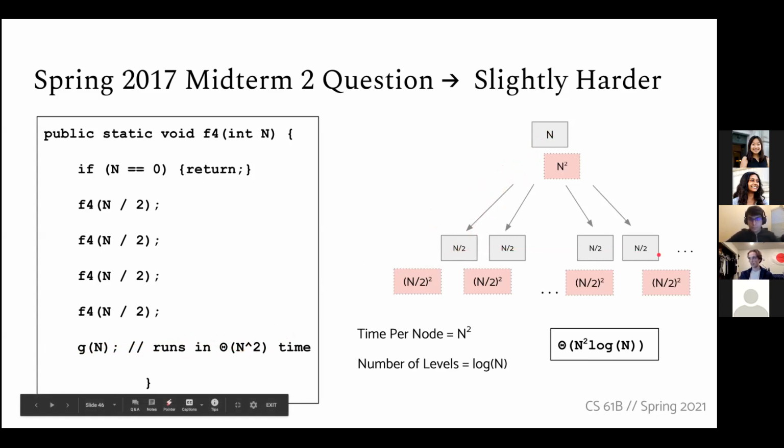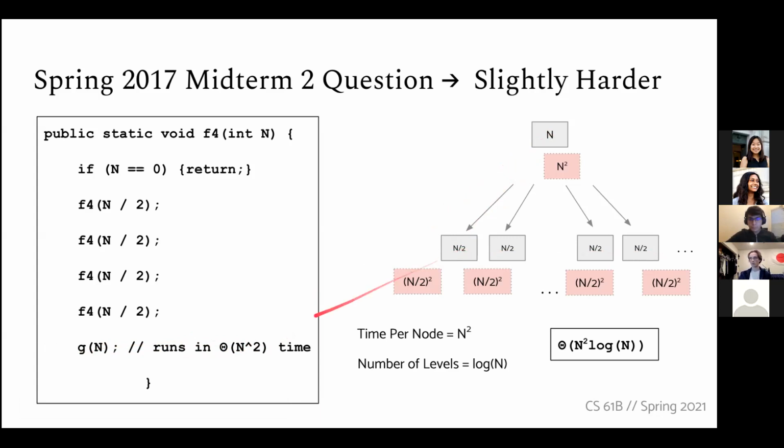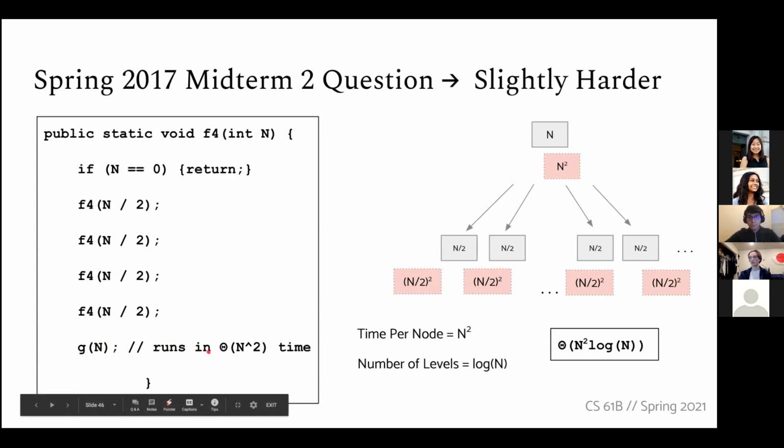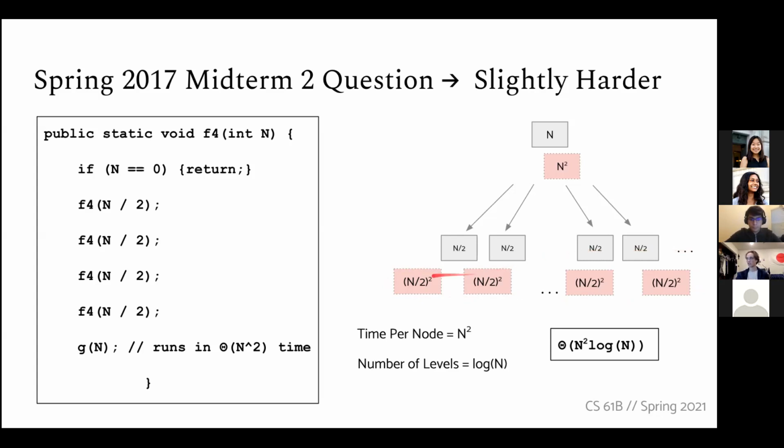For the next layer, we have an input size of n over 2, so a single node plugged into this function would give us n squared over 4 work. And these boxes are representing the work done by that g of n call. So that's where most of the work is being done. Okay, I didn't know the red meant the g of n, but that makes sense. Thank you. Yeah, the red is just here to mark the work being done for each of these nodes. Sorry if that was confusing.